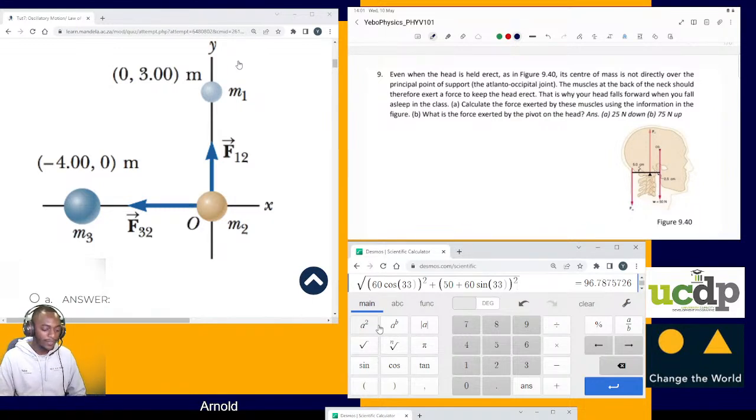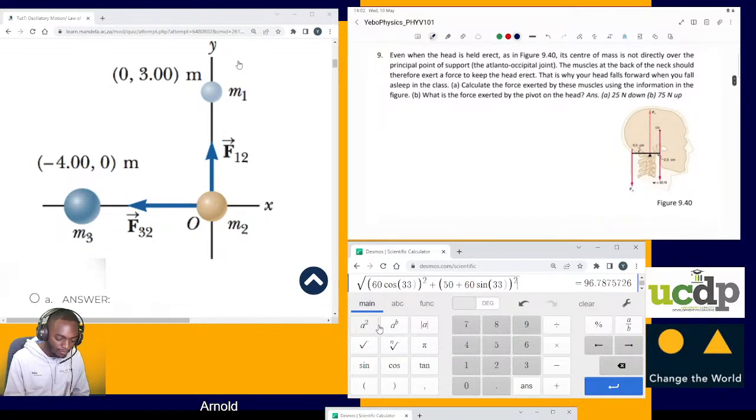Okay. So the first thing that we need to do is to put up a sketch. Right, so we have our pivot. So this is Fm. This is the weight equal to 50 newtons.